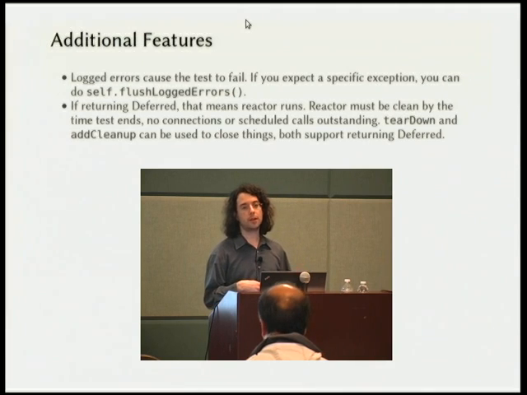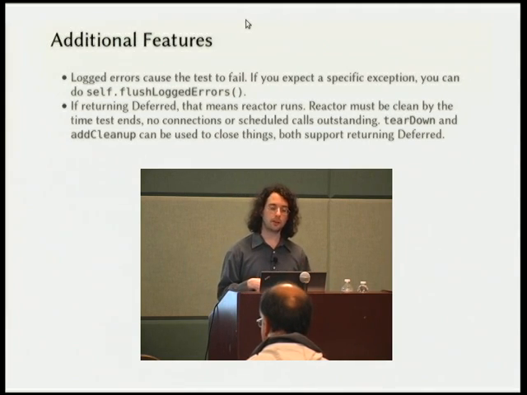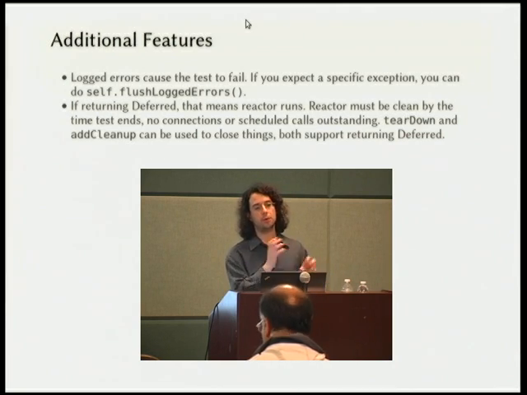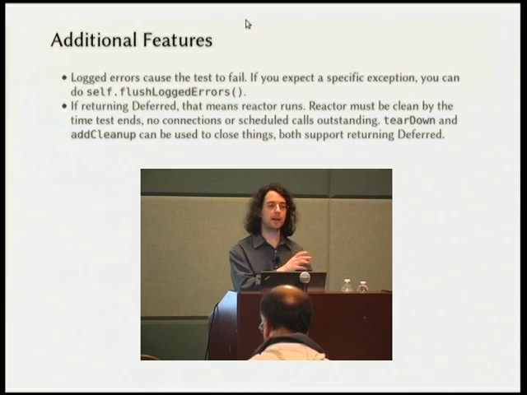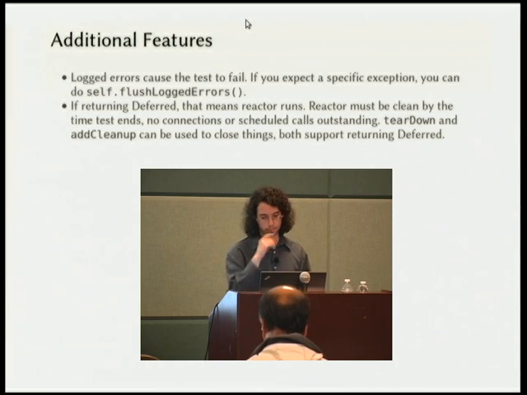So there's a utility method on the test case called flush logged errors that says, I expected you to have logged this exception. And it returns a list of the exceptions that it logged. And so you can indicate that in this particular case, if you got a bad data error that was intentional, don't consider that a test failure. And I mentioned the second item as well.